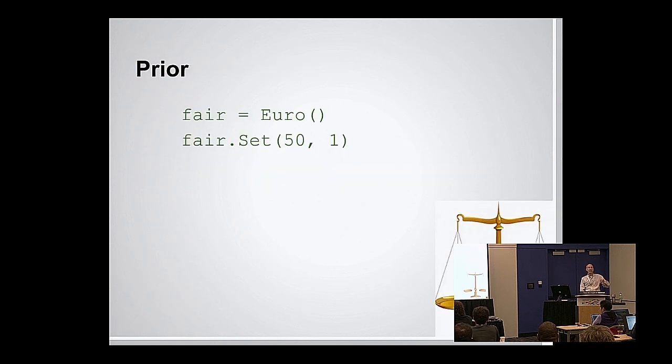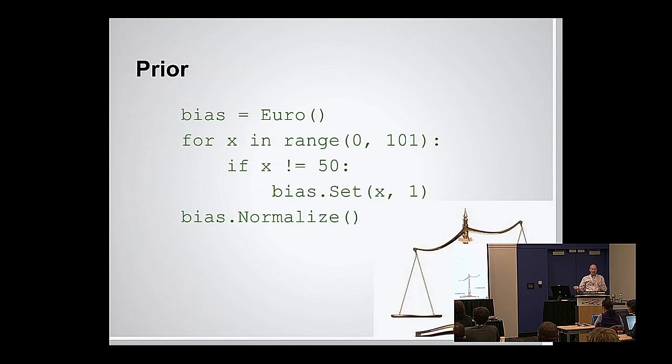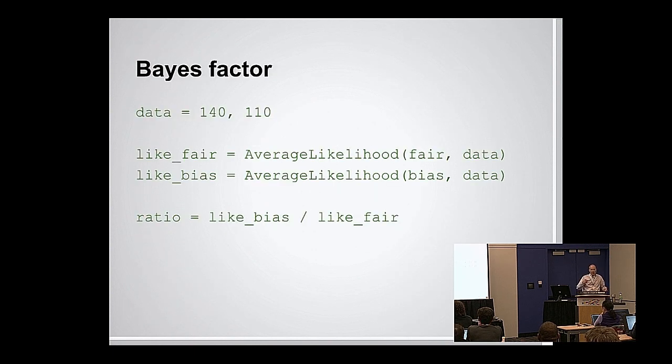I'm going to create a suite called fair that represents the fair hypothesis, and it only has one value in it, 50%, and I'm certain that that's what it is. The biased hypothesis has all the values from 0 to 100 except 50. Now I'm going to compute the likelihood of fair and the likelihood of biased for each of those suites.